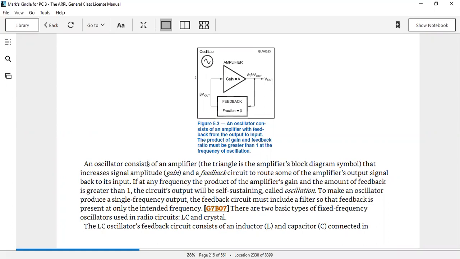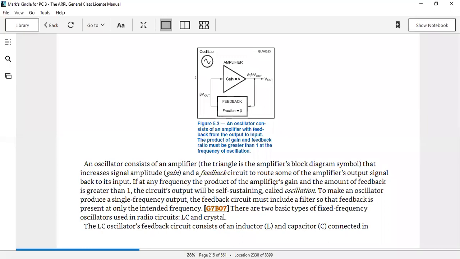An oscillator consists of an amplifier, the triangle, that increases the signal amplitude or gain, and a feedback circuit, the rectangle here, that routes some of the output signal, here's the output signal over here, back into the amplifier. And as long as the loop gain is greater than 1, the circuit's output is called oscillation.